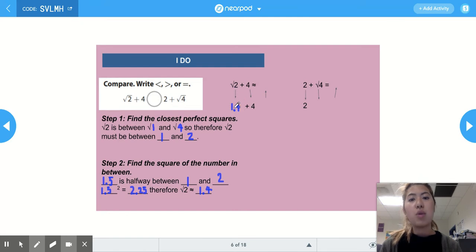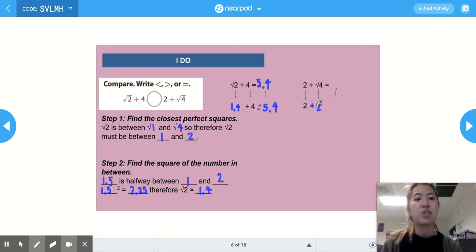So we have 1.4 plus 4, which makes 5.4. So that means that the first expression is equal to 5.4. Then we have to figure out what the square root of 4 is. That's a perfect square. 2 times 2 makes 4, so the square root of 4 is 2.